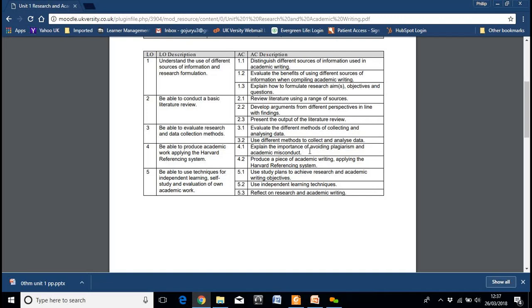Explain the importance of avoiding plagiarism and academic misconduct. This is where we have given information about using Harvard referencing systems. There's nothing wrong with using quotes from previous researchers or people that's covered the subject before, provided that you then paraphrase what's been said.